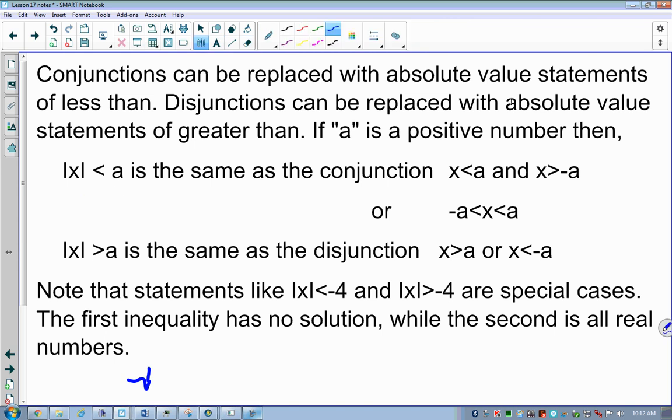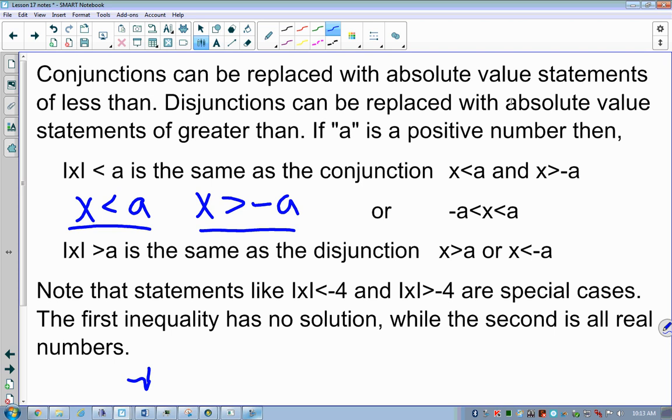We're saying x is less than A, but then we're going to say x is greater than negative A, because whenever I put that negative on my solution, I flip the sign. So I have to remember to flip the sign whenever I'm working with compound inequalities with absolute values. This one will always keep the sign the same way, but the second one will be a negation and a flipped sign.